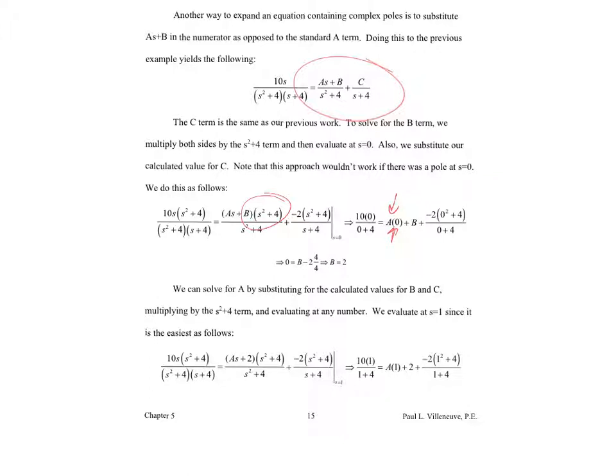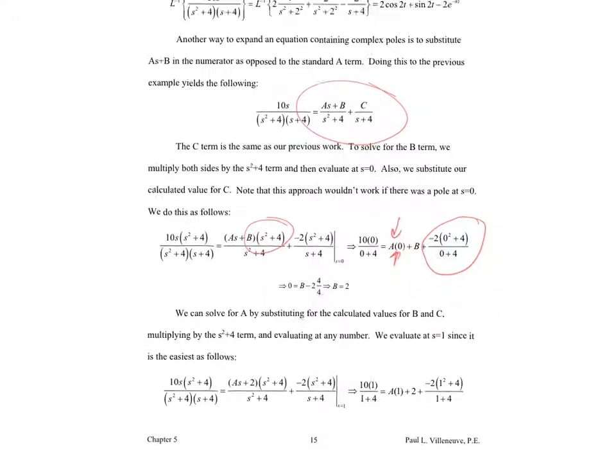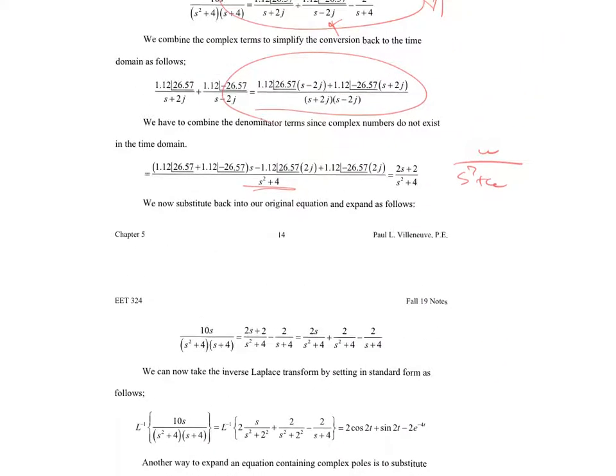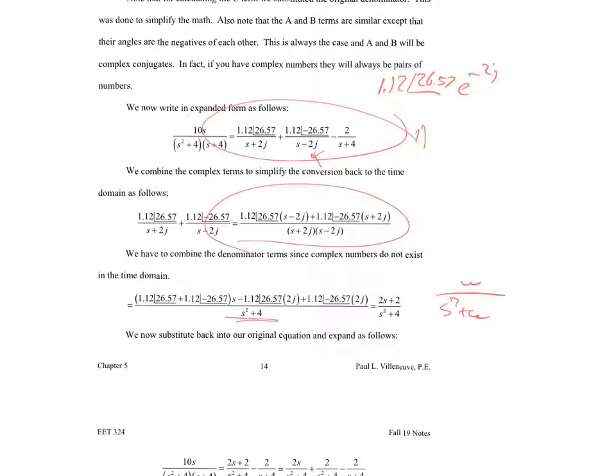And you can say, hey, wait a minute, Paul, what about our C term? Well, from our previous work, the C term that we solved for is right here, minus 2. So once we've done partial fraction expansion, regardless of whether it's As plus B or A over s plus 2j plus B over s minus 2j, the C term doesn't change, because it's over s plus 4.